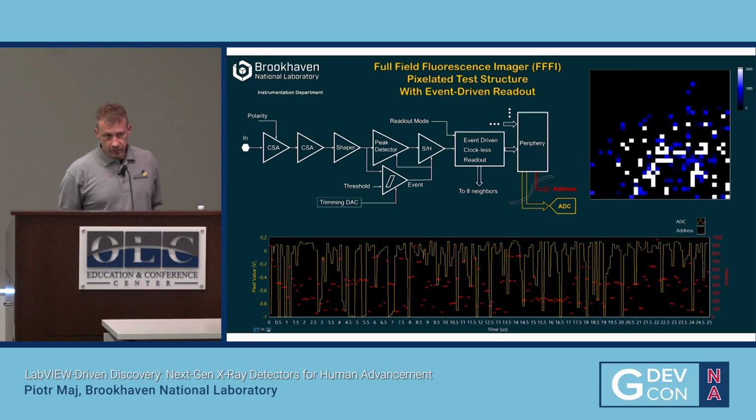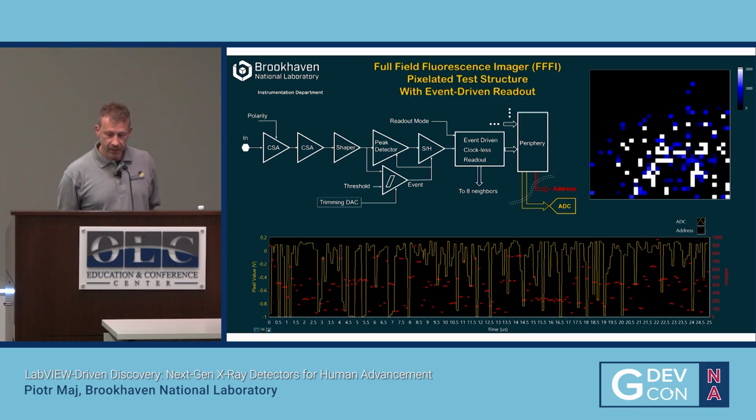Our latest solution of pixelated detector is the first in the world that works truly asynchronously and event-driven. When a pixel obtains an event, which is detected electrons, it latches a certain analog value and passes it out truly asynchronously, not having any clock in the whole system whatsoever.